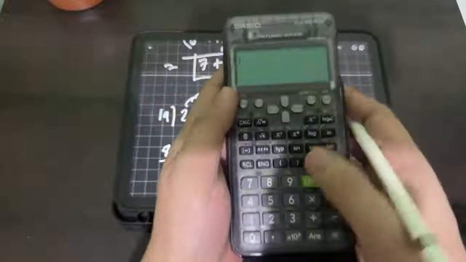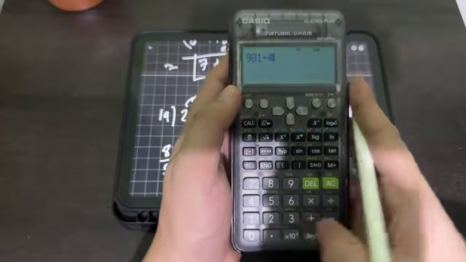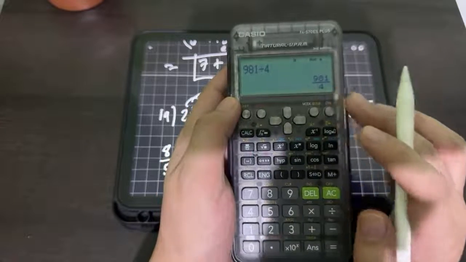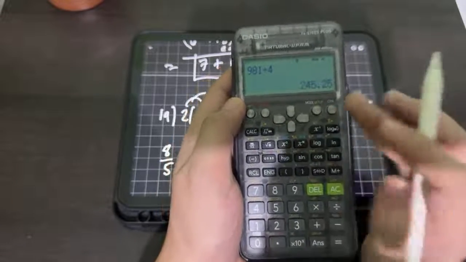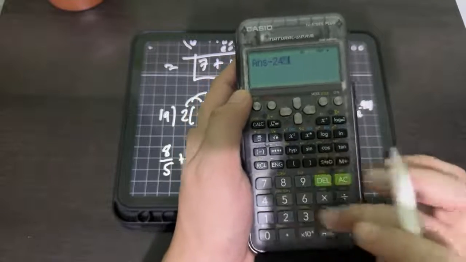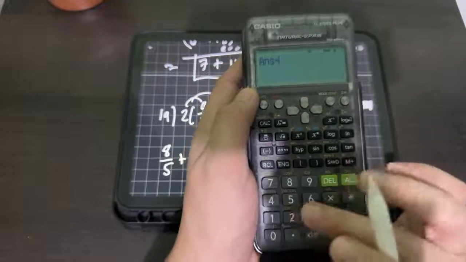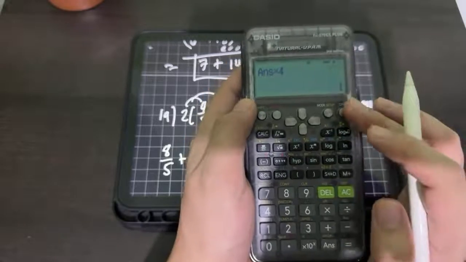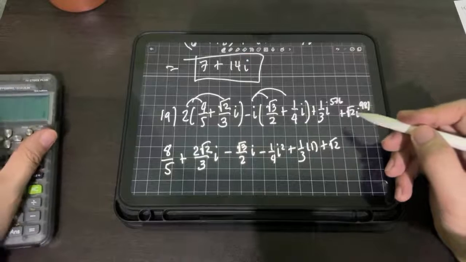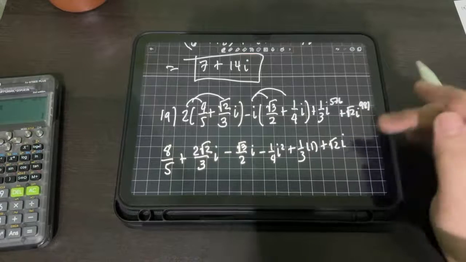So let's divide 981 by 4. Okay, so there's a remainder since it is a fraction. Transform to decimal, subtract the whole part 245, then multiply by 4. Okay, so the remainder is 1. So when the remainder is 1, based on the pattern above, it's just equivalent to i.